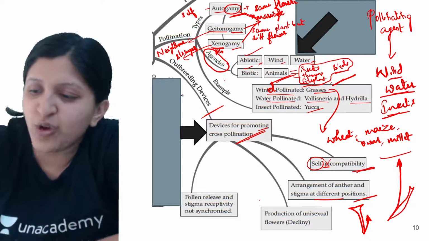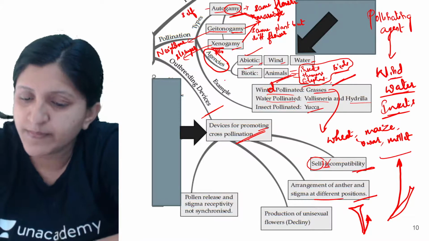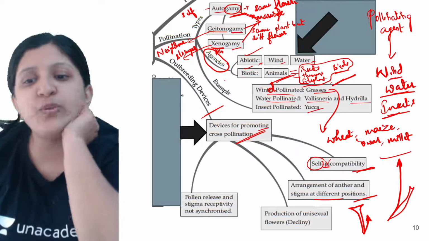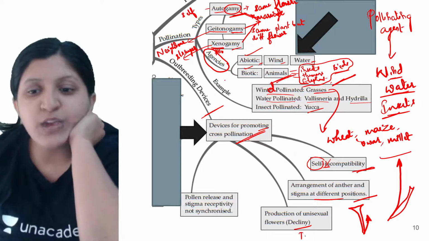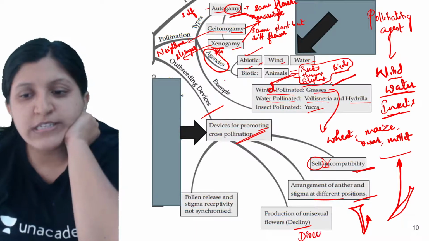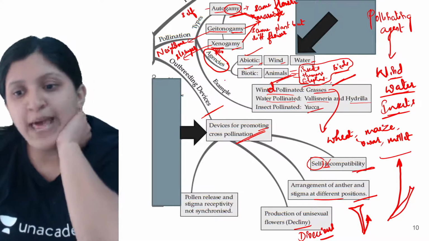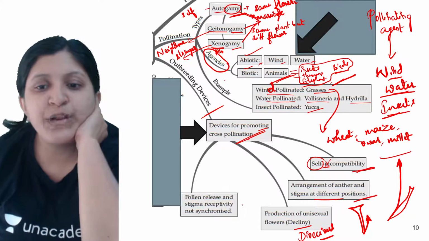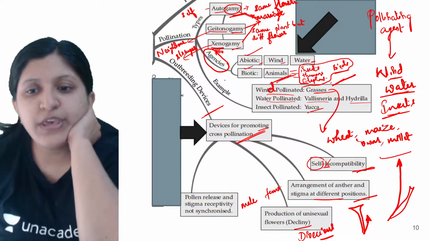Now, production of unisexual flowers, so that is dicliny. So that is a dioecious plant. Dichogamy we can mention later. So it is a dioecious plant, which means there is a plant producing a male flower and another producing a female flower.